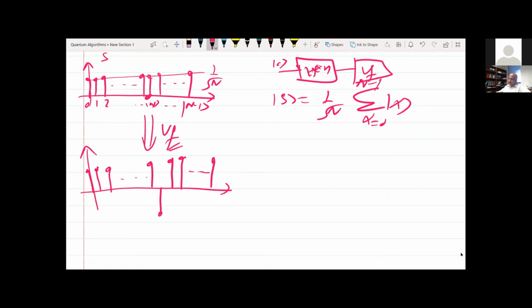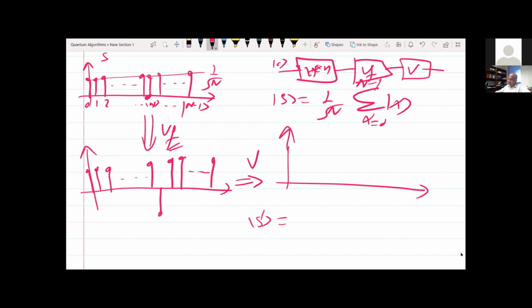But when it passed through the V operation, which was the Hadamard, UF naught, Hadamard, we actually came to this state, because our state went from S prime, which was cos theta W perpendicular minus sine theta W, to this state, cos 3 theta plus sine 3 theta.